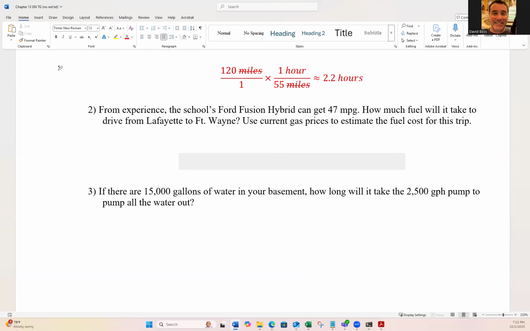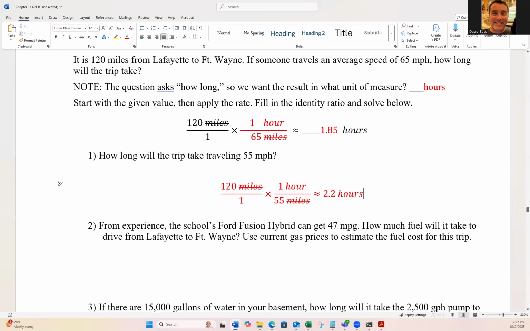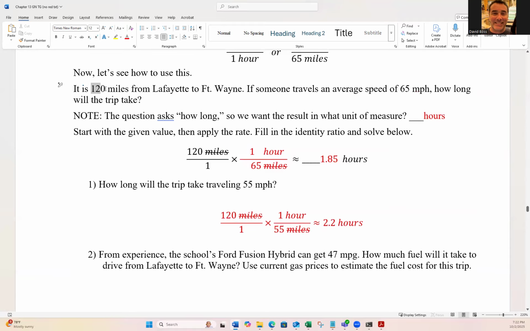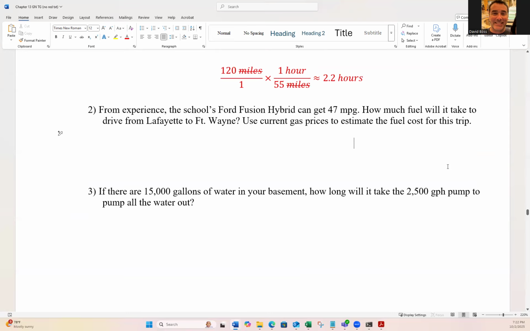From experience, the school's Ford Fusion hybrid can get 47 miles per gallon. How much fuel will it take to drive from Lafayette to Fort Wayne? So that's 120 miles. What we want left over is gallons.